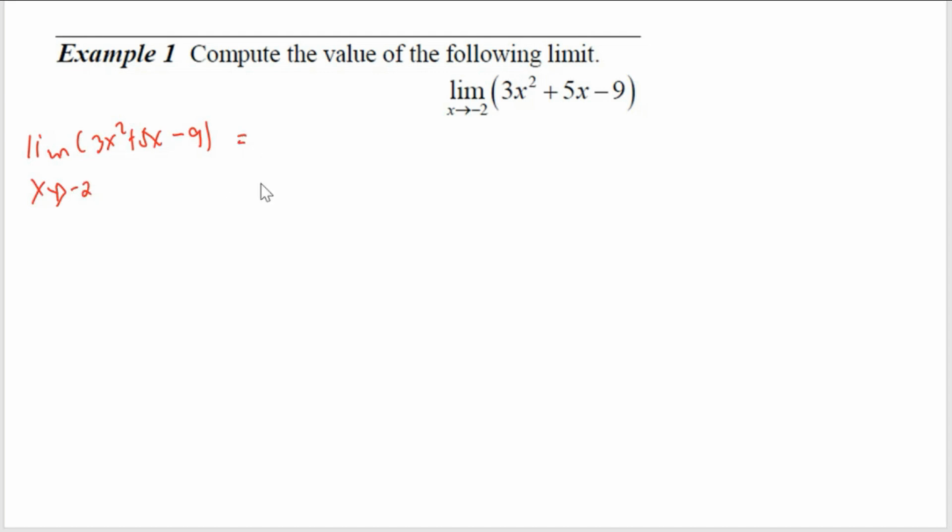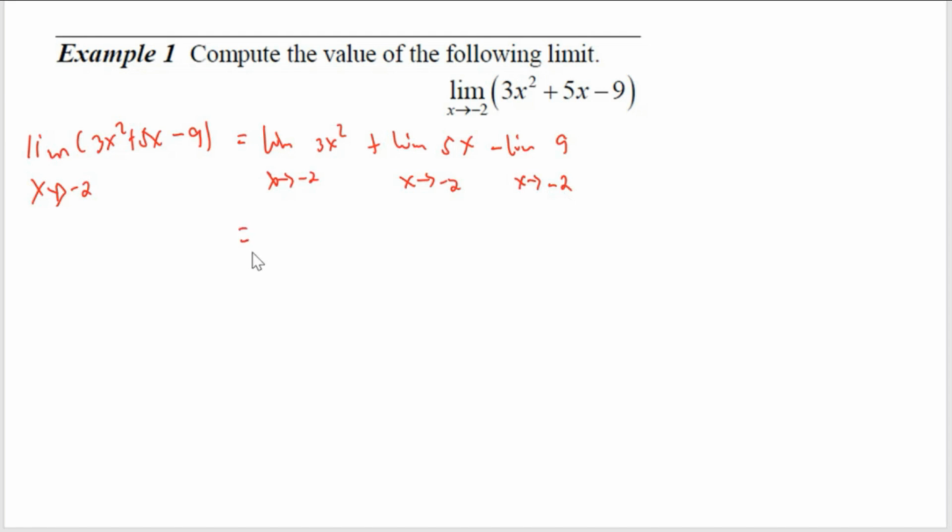This will be equal to the limit of 3x squared as x approaches -2, plus the limit of 5x as x approaches -2, minus the limit of 9 as x approaches -2.